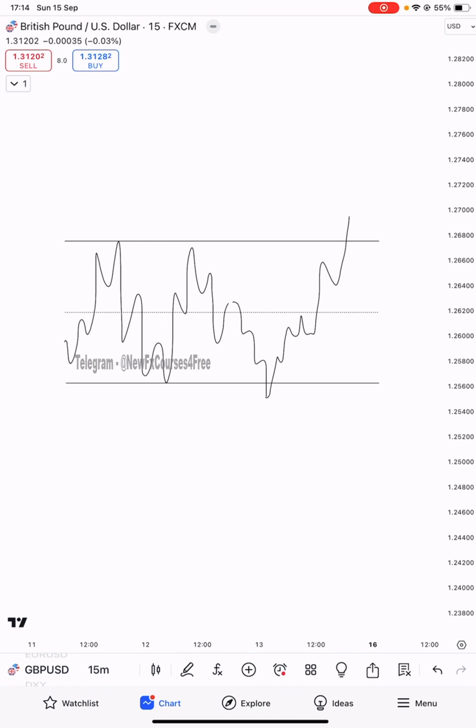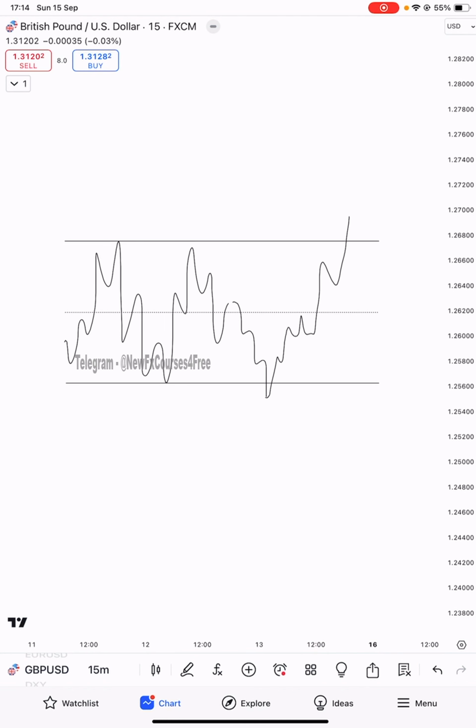Then I'm mostly interested in buying or selling at the range extremes. Obviously, if there is a monthly range, like many monthly candles that are in a range, then I can trade the lower time frames like the daily and weekly easily. So it depends on what you're trading, but the logic is this.